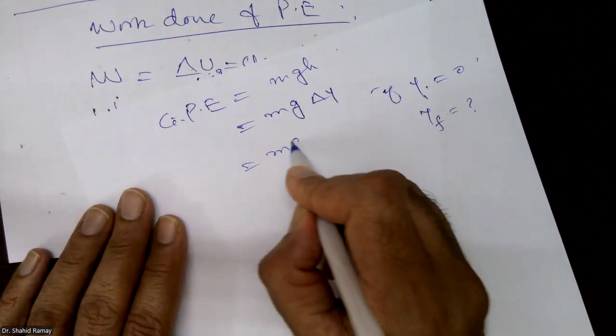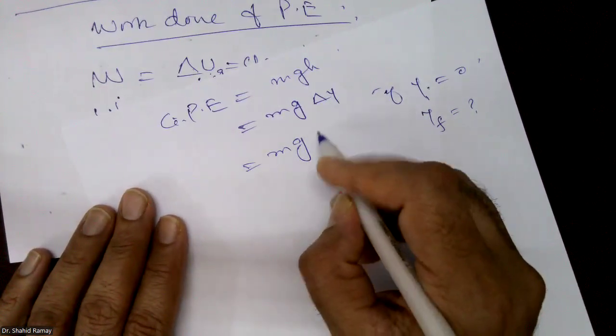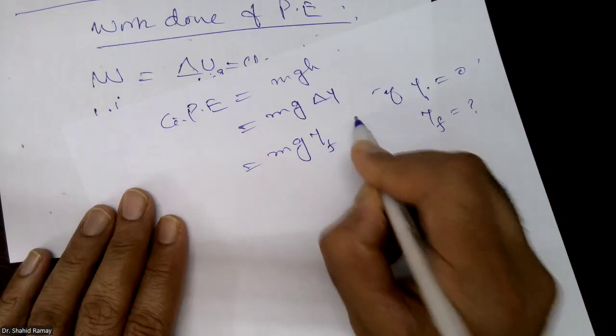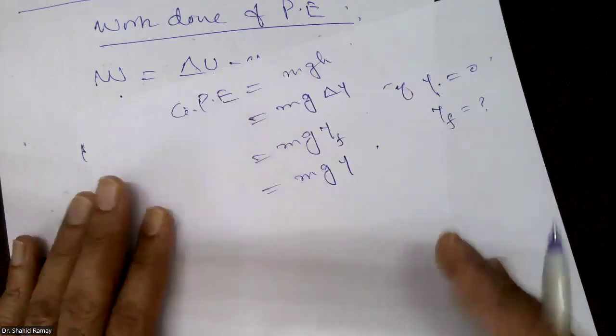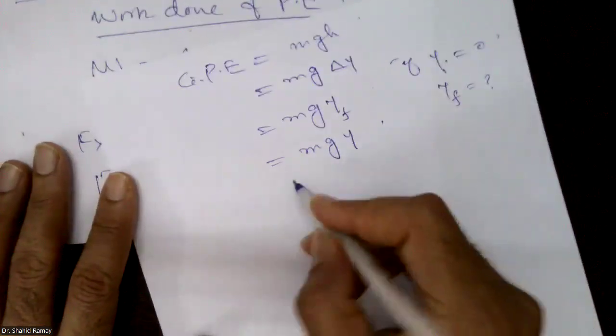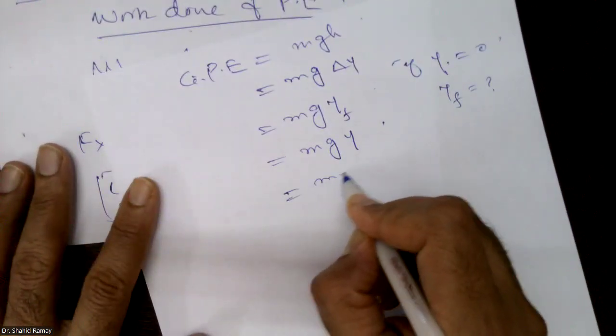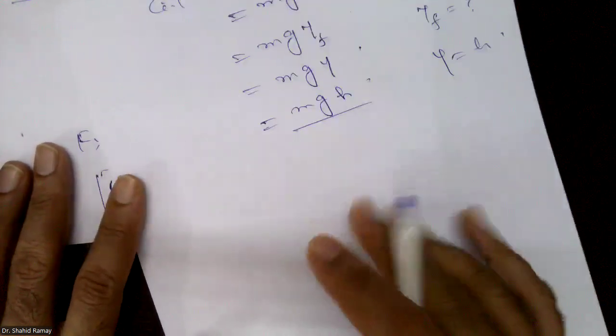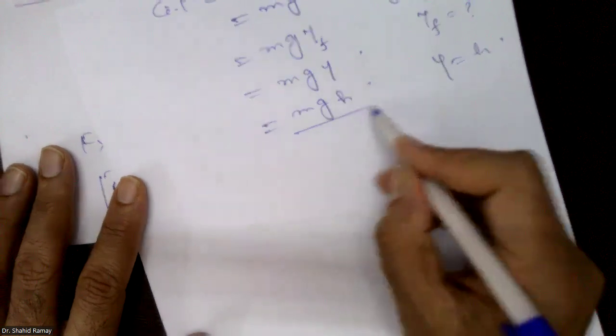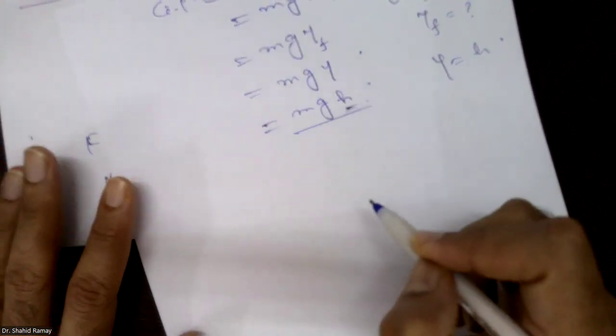So we can write the equation mg yf, or you can write mg y. Yf is y, and that's why we write the equation mgh. So y is equal to h. It means the gravitational potential energy totally depends on the height. So if you increase the height, then it will increase.